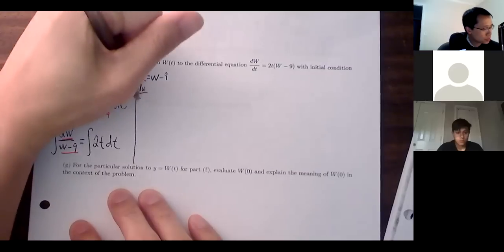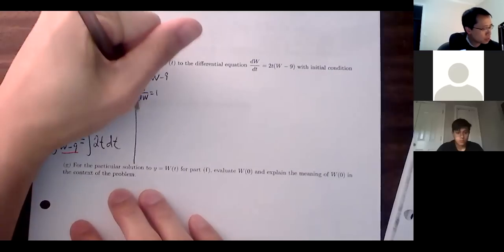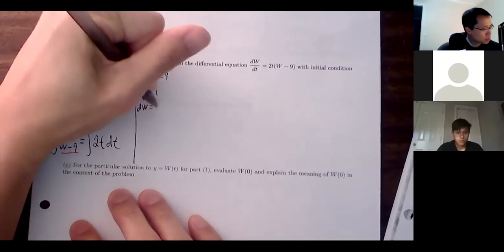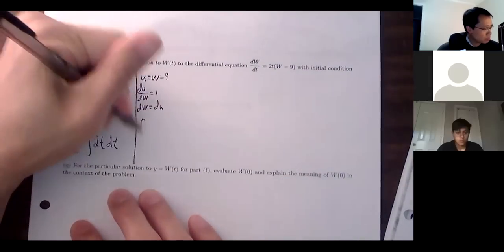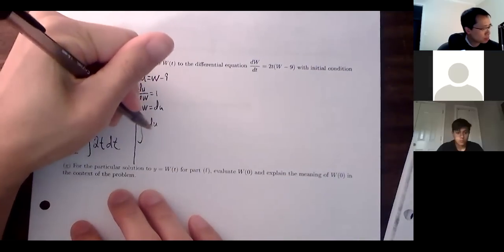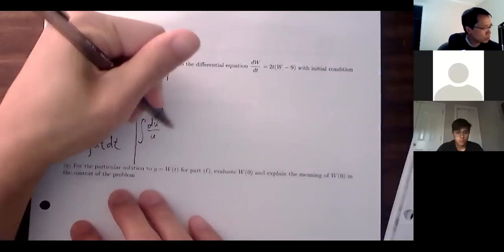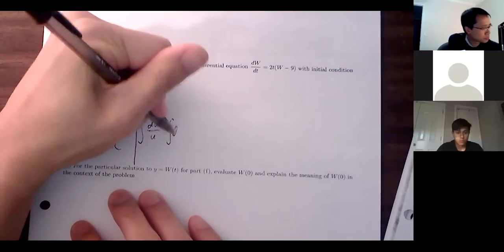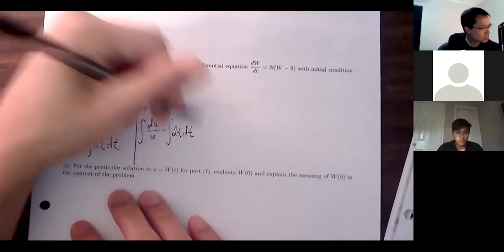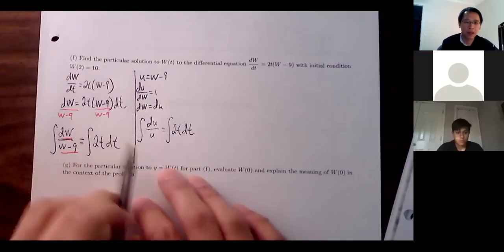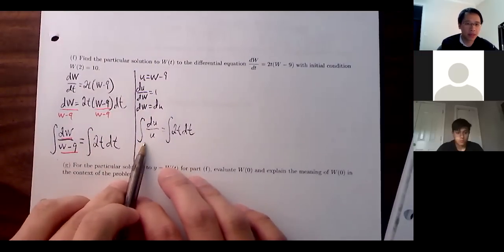So du over dw is equal to 1, dw is equal to du. This is going to line up nicely with a natural log problem, or 1 over u du. This is just going to become natural log of u.